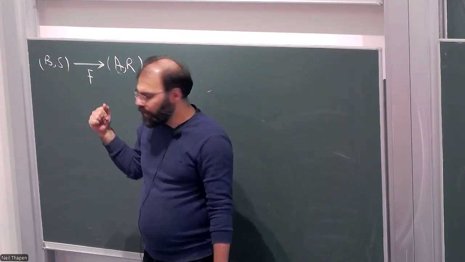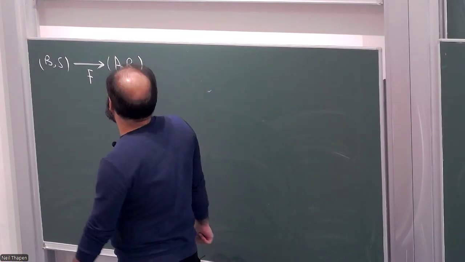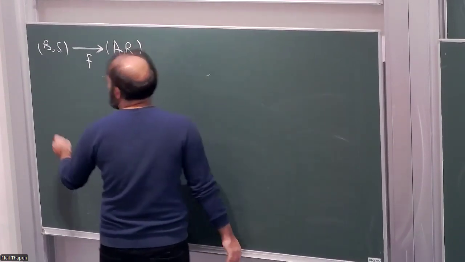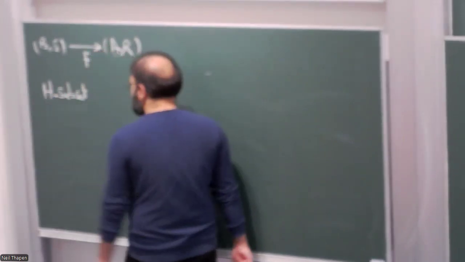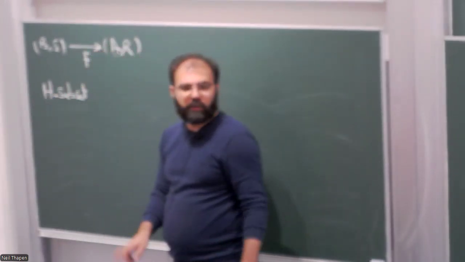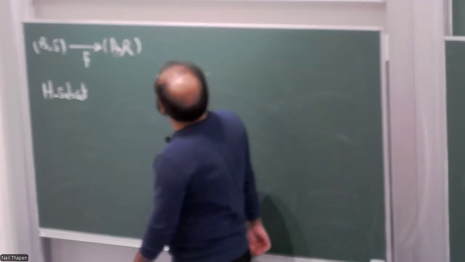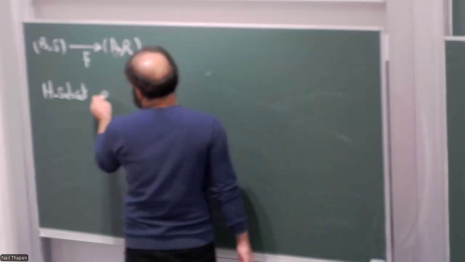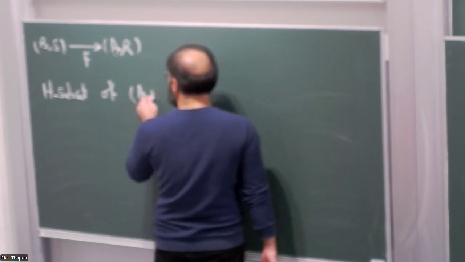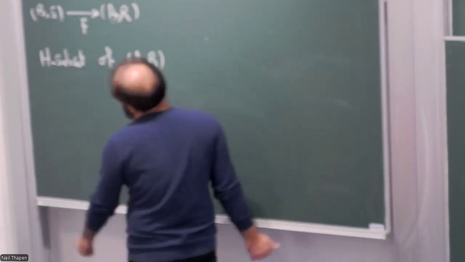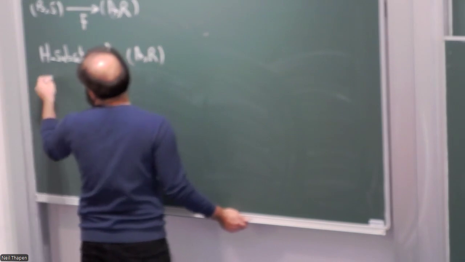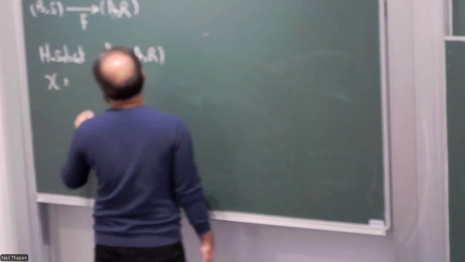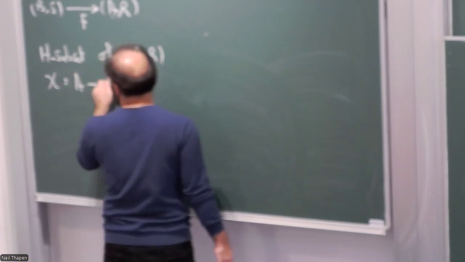The same kind of thing happens here. There is a notion called H-subset, because we make it relative to H. An H-subset of what? Of (A,R). And the natural thing to do is that it should be some map, say some chi, that goes from A to H.